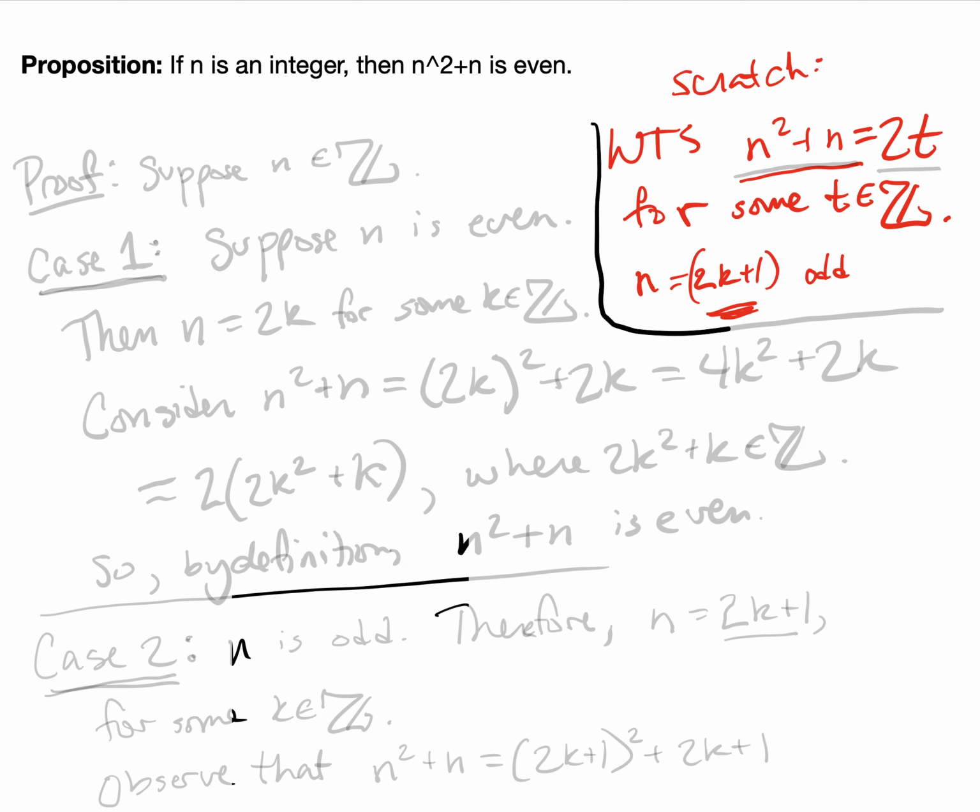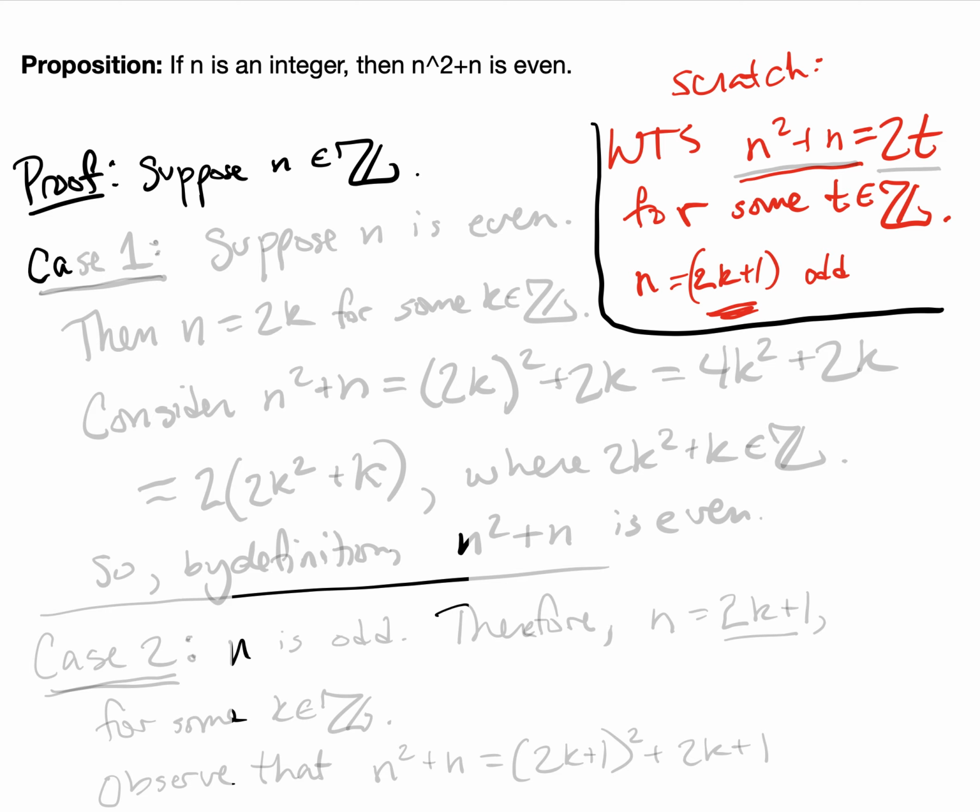So let's look at the actual proof. Let's see, the only thing we're assuming is that n is an integer. So proof, suppose n is an integer. And from there, now it's going to break into two different cases.